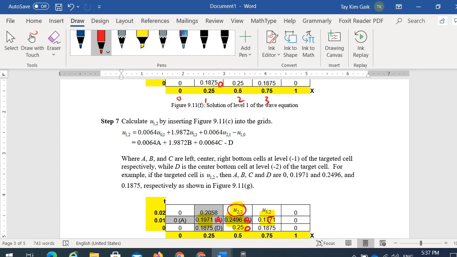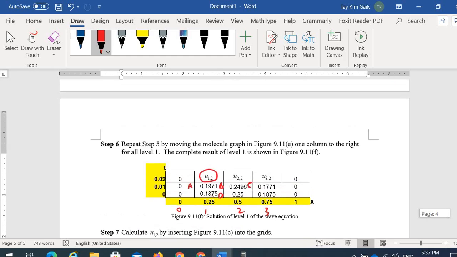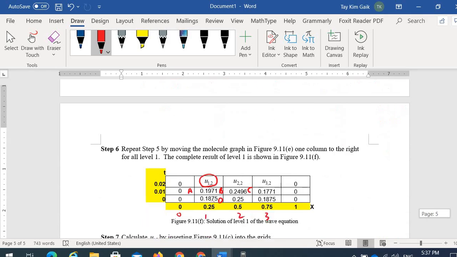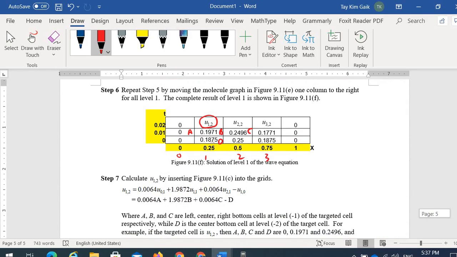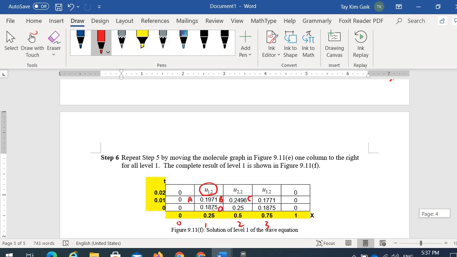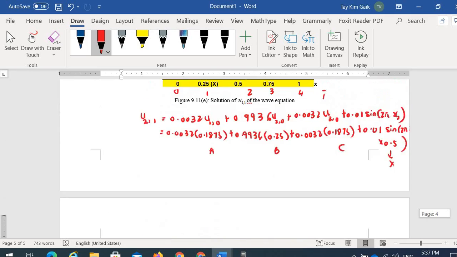Then for U22, similar thing. So I repeat: we have shown how to use your scientific calculator to numerically solve the heat equation in the calculate menu.